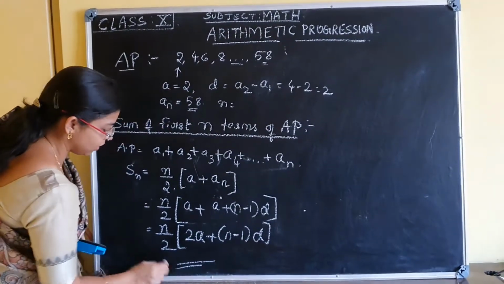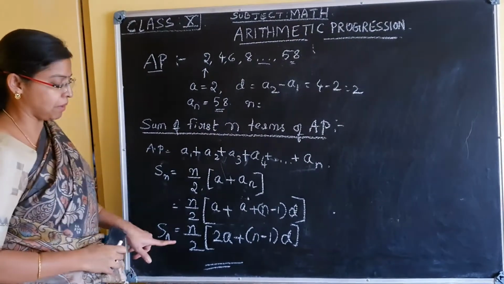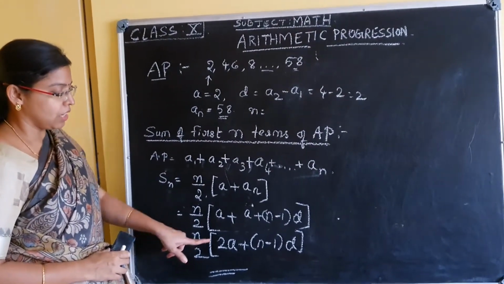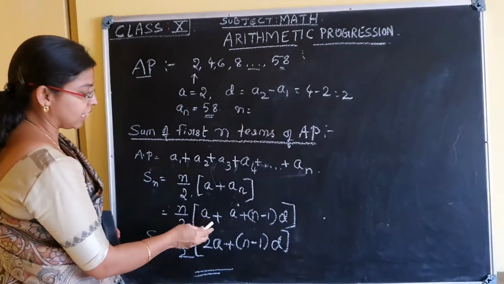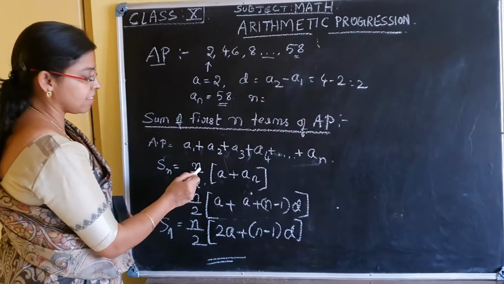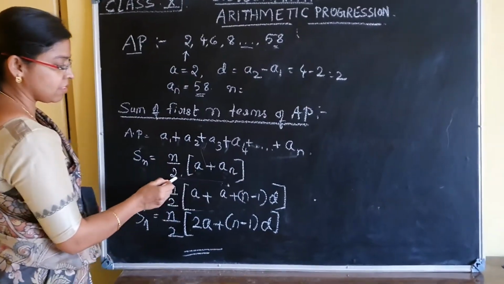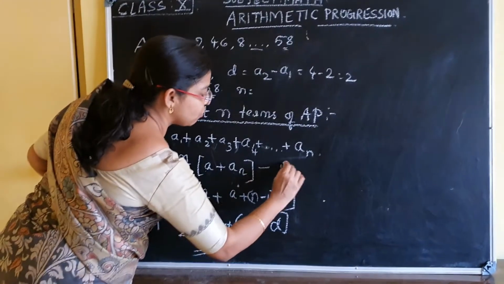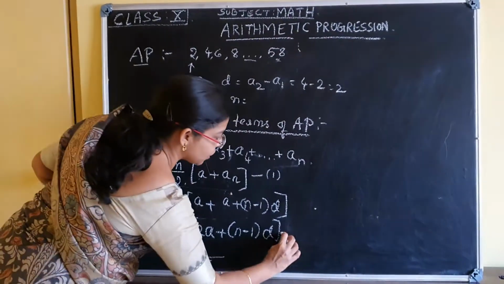This will be our sum. Sum of first n terms of an AP is given by n by 2 into 2a plus n minus 1 into d. We can also write this expression as n by 2 into a plus an, and if you know the last term, we can use this expression, that is equation 1. If you don't know the last term, we can use this expression.